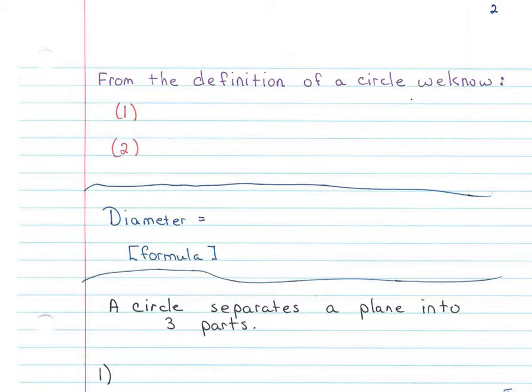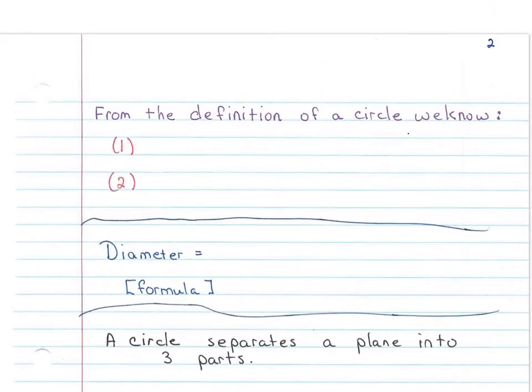We think about the definition of a circle. What do we know about the radii of a circle? Darby, from the definition of a circle, what could you conclude about the radii of a circle? Leah?